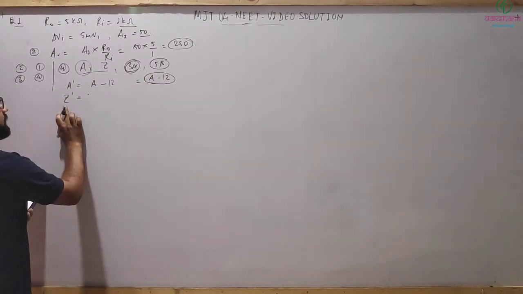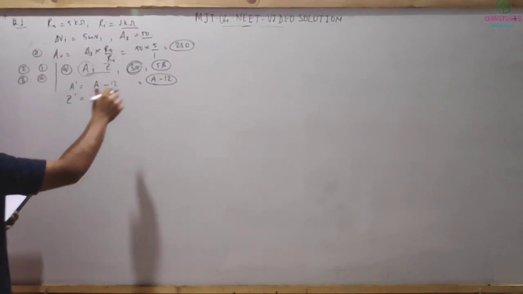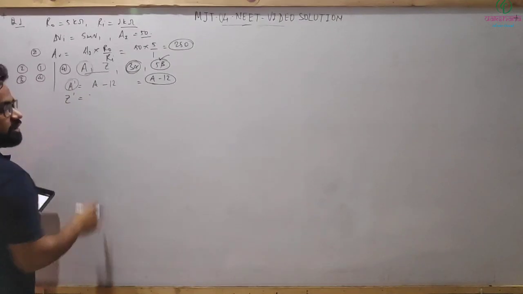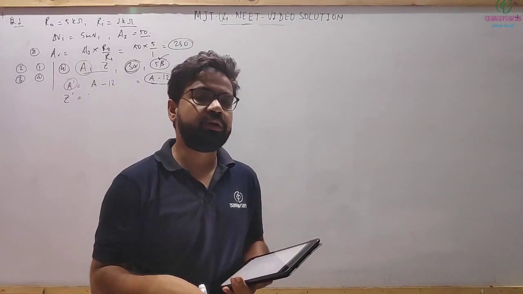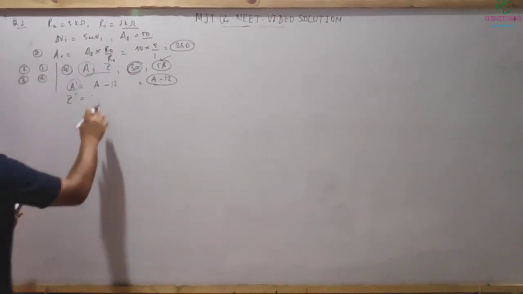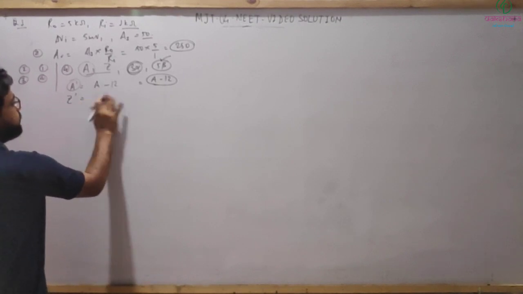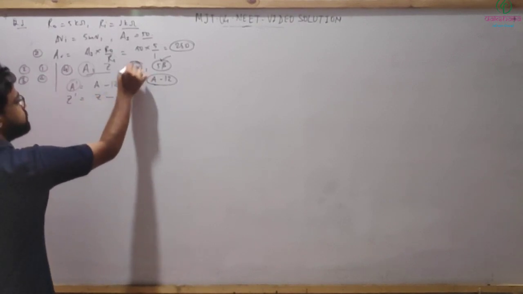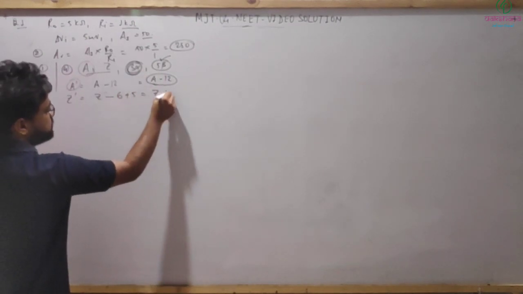In Z there is change because of beta, but because of beta no change in atomic weight, because simply a neutron getting converted into a proton, there is no change in mass number. So Z prime will be Z minus 6 because of alpha, plus 5 because of beta, so it's basically Z minus 1.